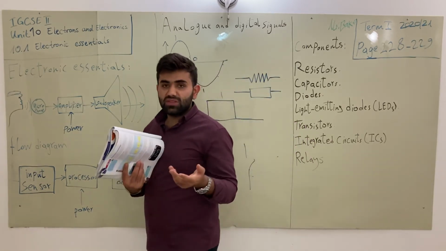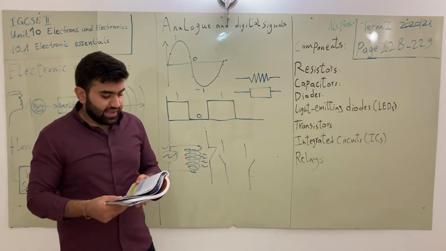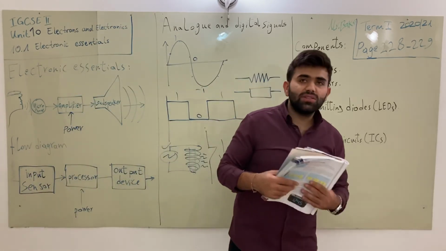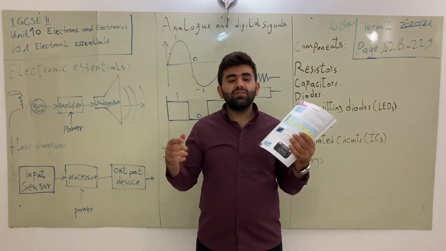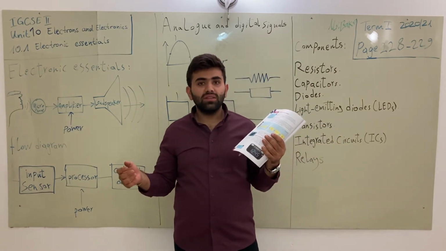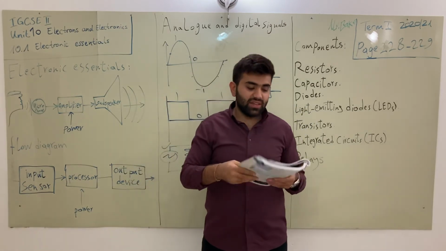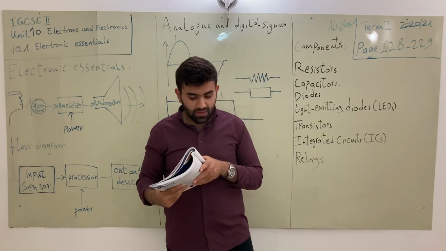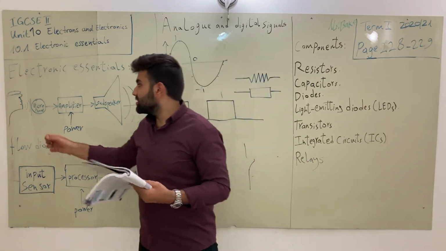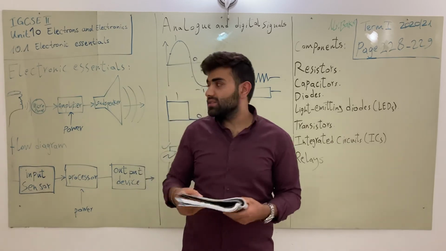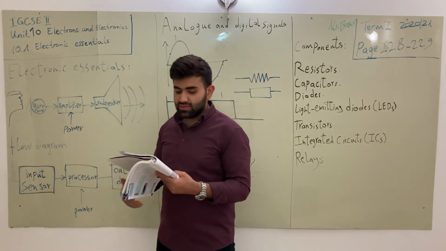So it changes with the temperature. LDR is a light dependent resistor. So it will feel the light. The value will be what? Very low in light, and when it's dark, the value of the resistor will be very high. Microphones, as we see here, feel the small changes of the voice.